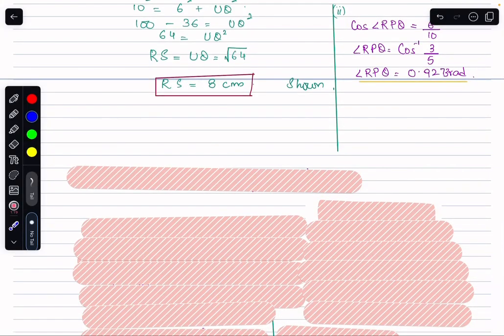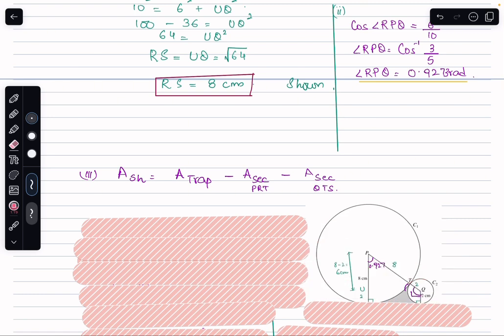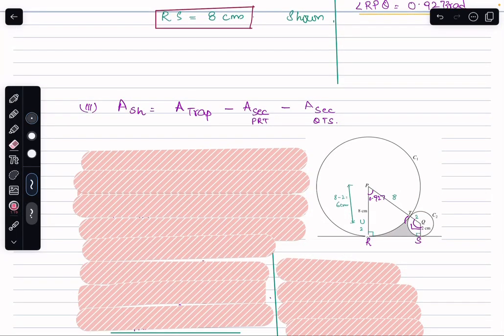We have discussed that the shaded area is equal to area of trapezium minus area of sector PRT minus area of sector QTS. We have this diagram in front of us.